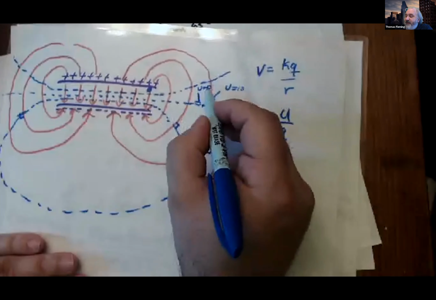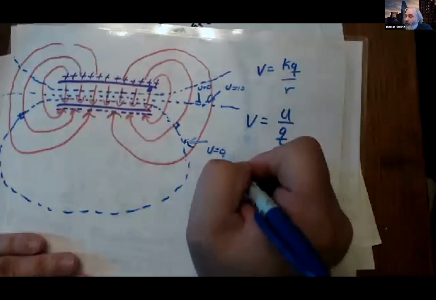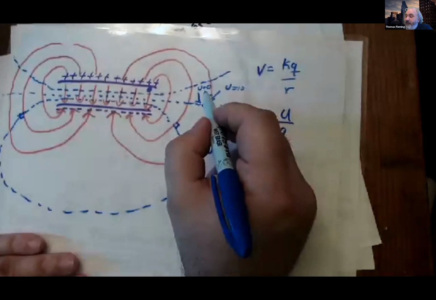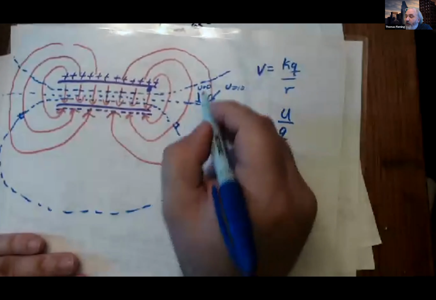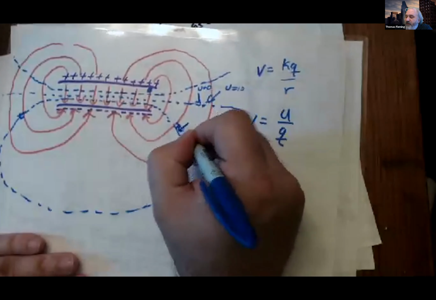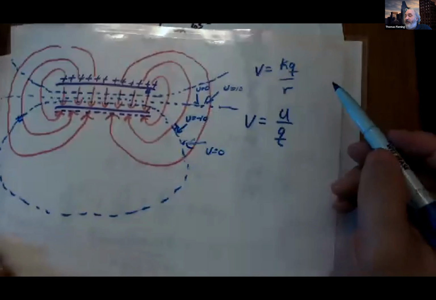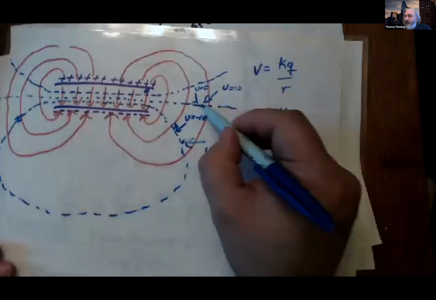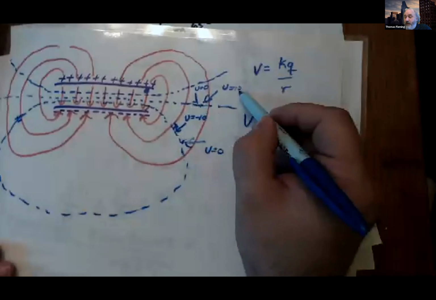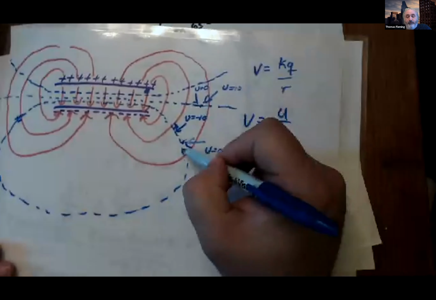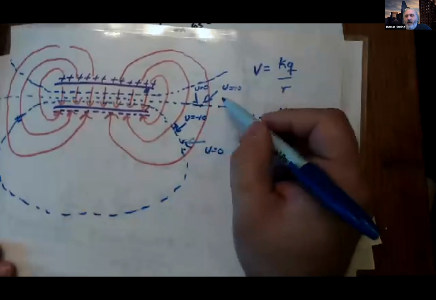But if I do that, this was 10 volts lower than this. So this has still got to be 10 volts lower here. So if this is V equals 0, this would be V equals negative 10. Either way, what's going to matter is that the potential at this line is going to be 10 volts more than this one. They're always going to be related by that same constant.